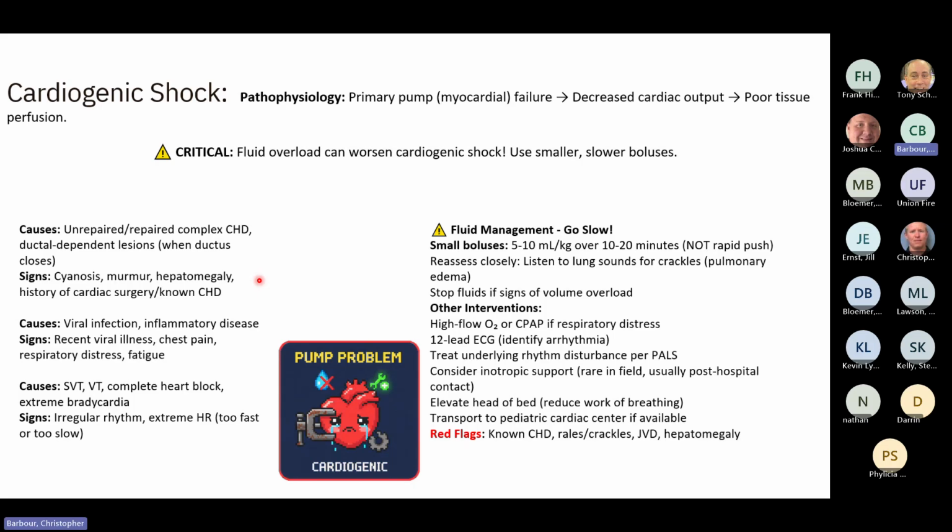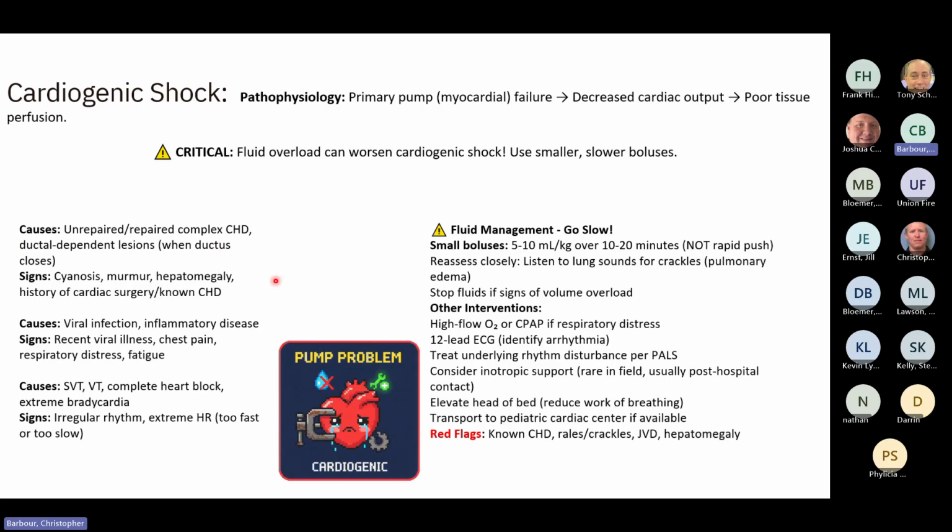They coded the patient for a while, and the inevitable question came out from the person doing the team lead. Does anybody have any other ideas? And a resident actually threw out the idea of the ductus being closed, and they had a ductal dependent lesion. The treatment for that is prostaglandins, not something we carry in the field.